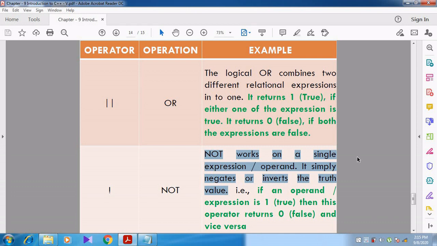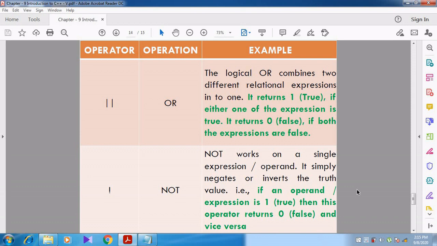If the input is false, the output is true. If an operand expression is 1, this operator returns 0. At the same time, if the operand expression is 0, it returns 1. So it simply inverts the input.